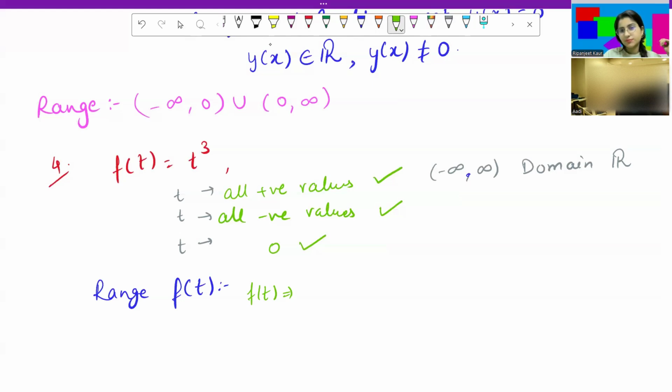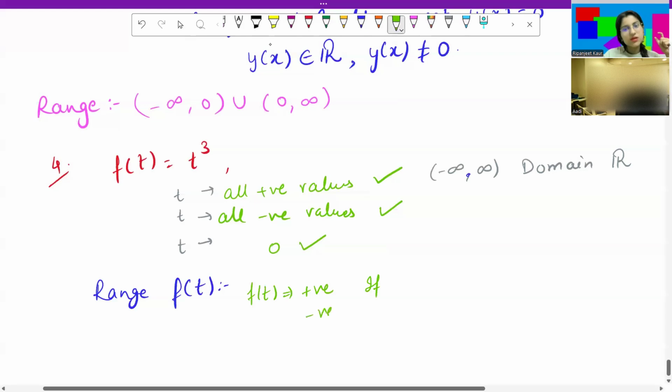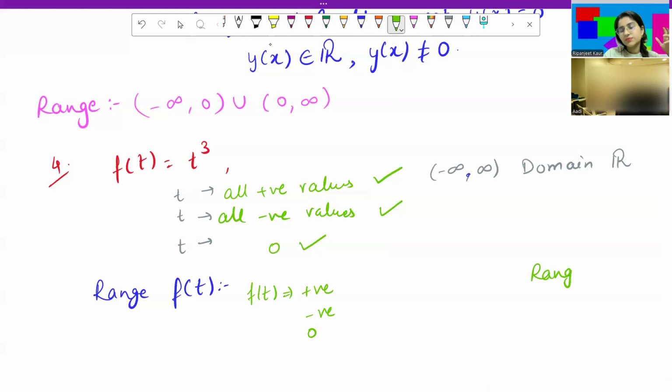You can get any value: a 0, a negative, or a positive. So we can have a positive, a negative, and 0 for whatever t is. So what will be our range in this case? It will be just real numbers. Yes, real numbers.